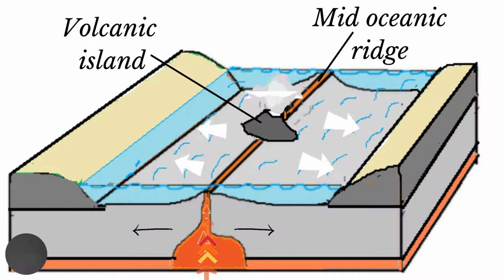And as it moves away, it gets older and colder and will sink down a bit. So as a result of this, a ridge is created beneath the sea. Now, this feature is the mid-oceanic ridge.